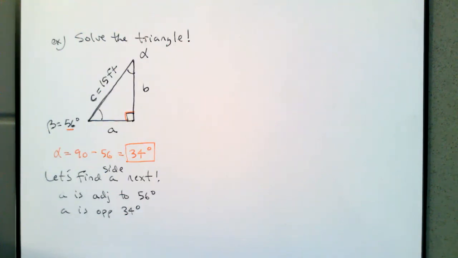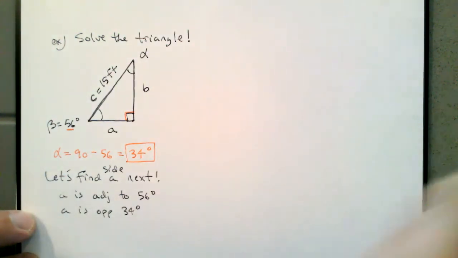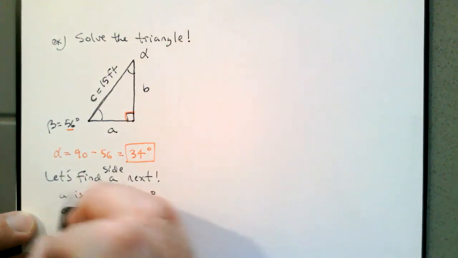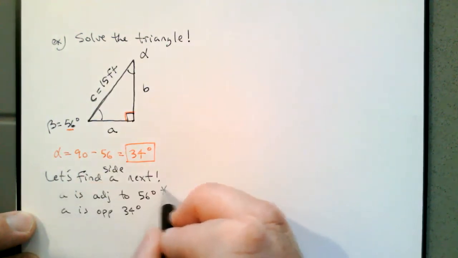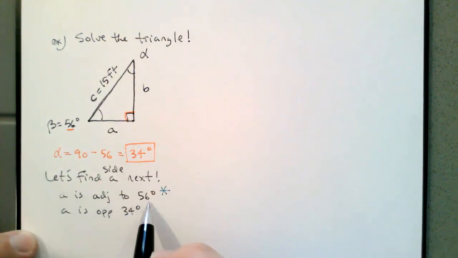Neither one of these has been rounded, so each one is just as good as the other. The best practices say use as much given information as possible, but the 34 hasn't been rounded, so we're not introducing any error by using 34. But let's follow best practice and use the 56. The 56 was given, so I'm going to use this one. A is adjacent to 56.